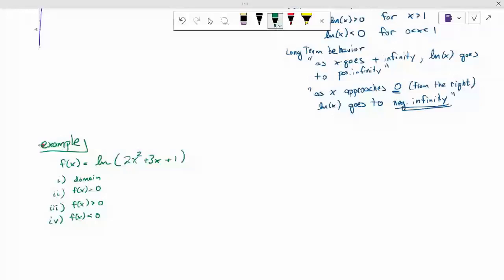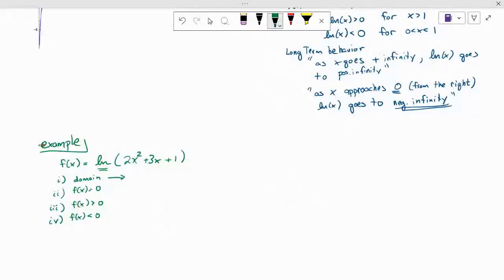So what kind of reasoning do we use to find the domain here? Well, we're dealing with a log function, so we can only take logs of positive numbers.